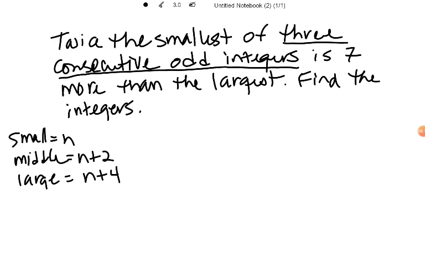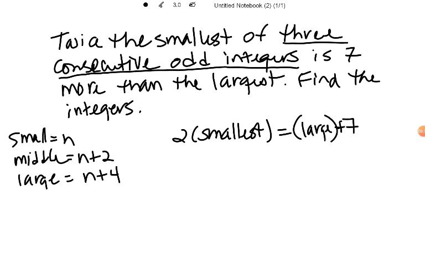So if we set this up, it said twice the smallest equals 7 more than the largest. So if we put in our integers, 2n equals, the largest is n plus 4 plus 7.